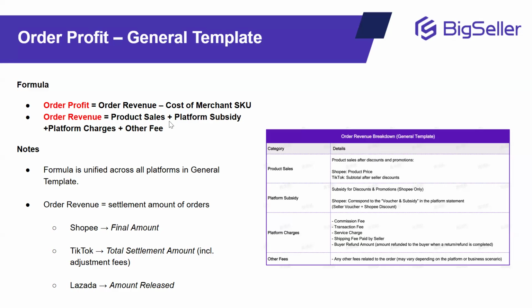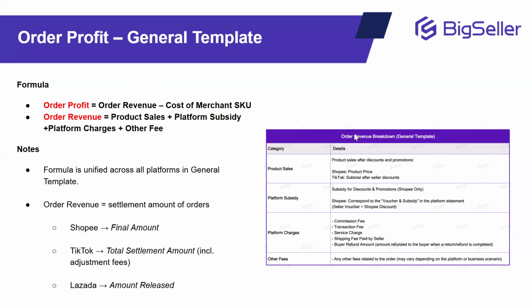First of all, the product sales and platform subsidy, platform charges, and other fees. And we have already optimized the accuracy of this formula. That means as long as we're using the general template, all platforms will follow the same calculation logic. So you can use this formula to calculate the order revenue.